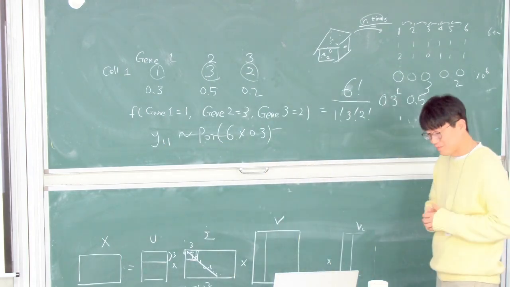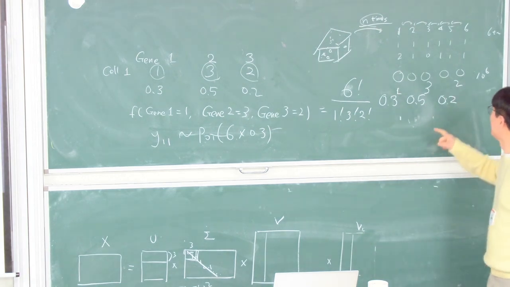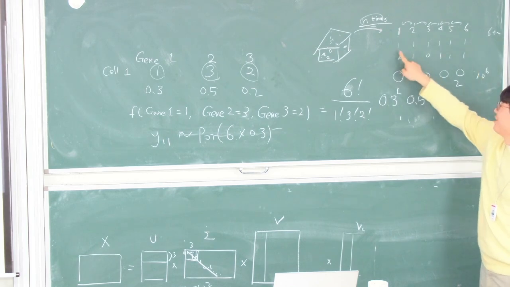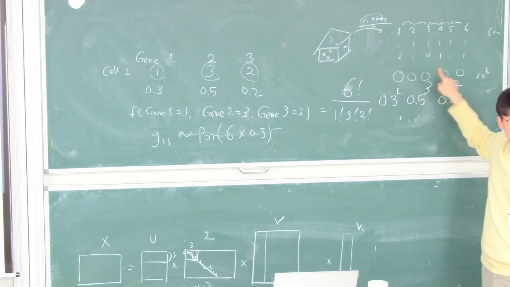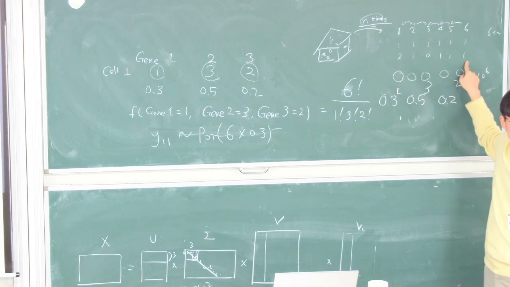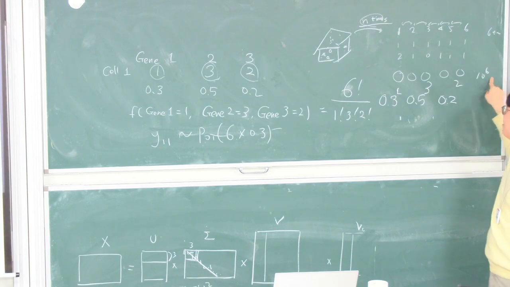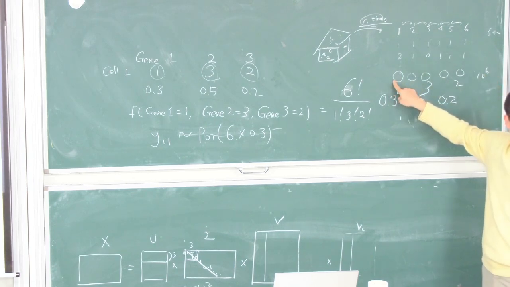So again, if we just roll 6 times, knowing that here is 1 or 2 is very important information to make a guess about this, right? But if it's 10 to the 6, I'm not sure.